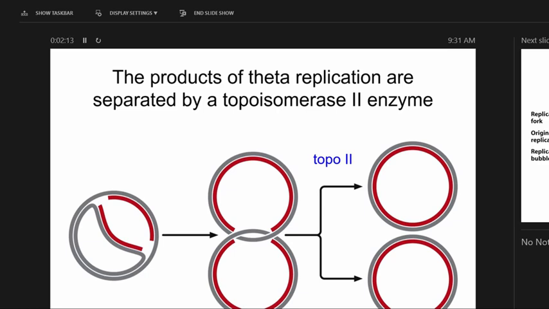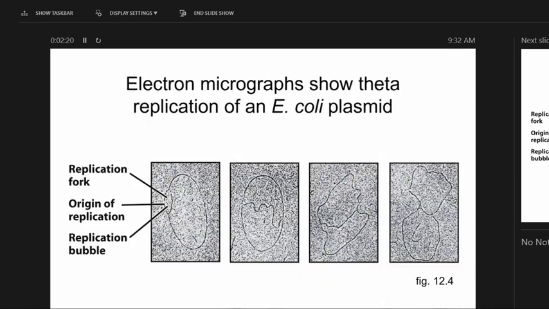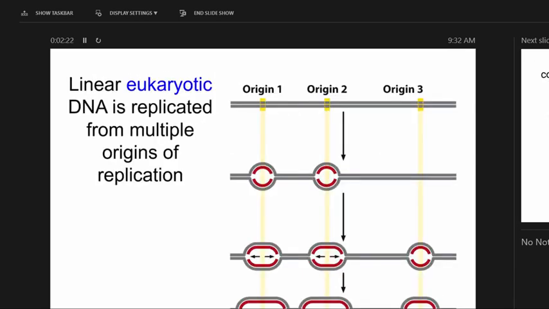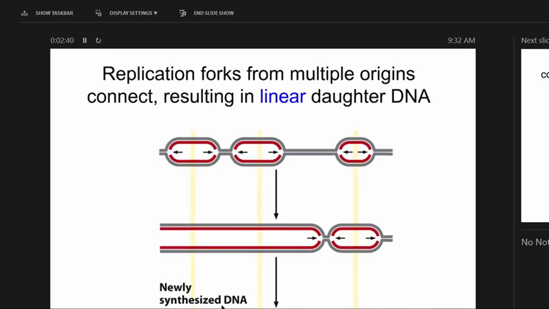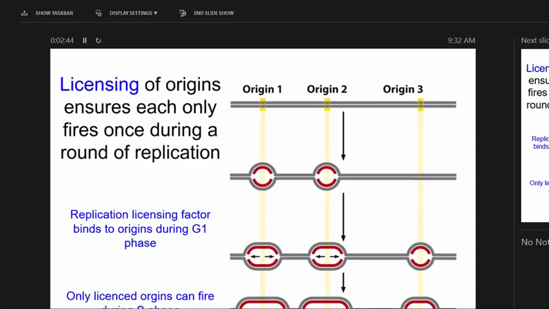Then the whole thing is replicated, and the two newly replicated DNA molecules have to be cut apart by topoisomerase II. Here, when two replication forks meet, or two replication bubbles meet, the bubble pops. So this is all one piece of DNA here, one strand, and this is all one strand here. This is going to open up, this is going to open up until they meet, and you get this, right?